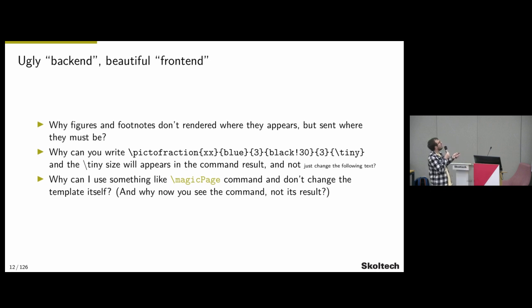Why don't you have something like this? And why can I make some command like this and it will not produce the picture in place, it will be produced somewhere at the top of the page? It is all because of how TeX works, and we will see how it works today and tomorrow.